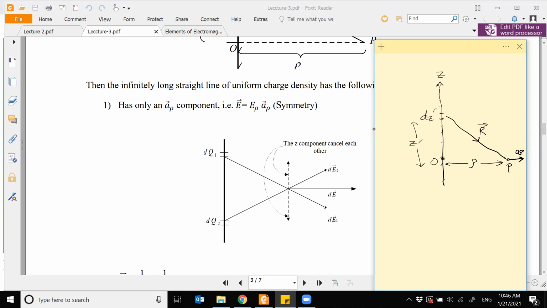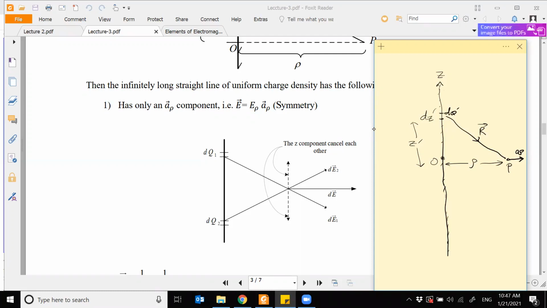See, now this is an infinite line, right? So the line is going infinite. Now, think this small elemental length, it is giving us a charge of dq dash, and this is at a height z dash.